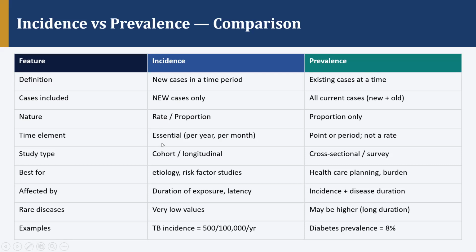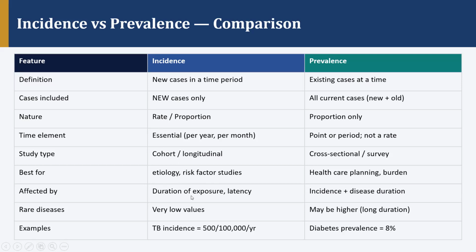For the time element, incidence is per year or per month, whereas prevalence is at a point or over a period. In study type, incidence uses cohort and longitudinal studies, whereas prevalence uses cross-sectional studies and surveys. Incidence is best for etiology and risk factor studies, whereas prevalence is best for healthcare planning and burden.